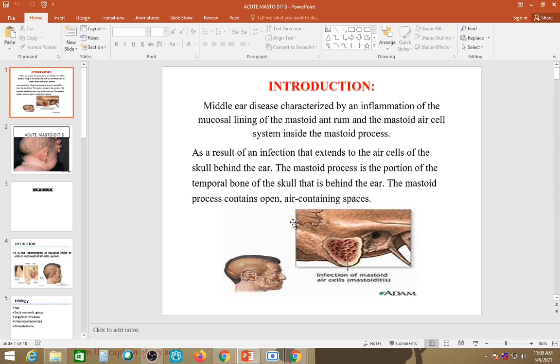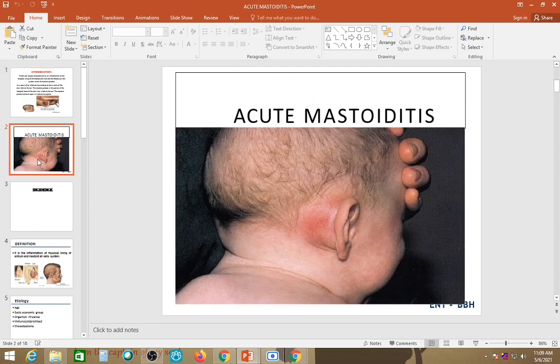It contains open, air-containing spaces. In between these, problems arise because the bone is infected. Okay? Are you clear? Yes, ma'am.